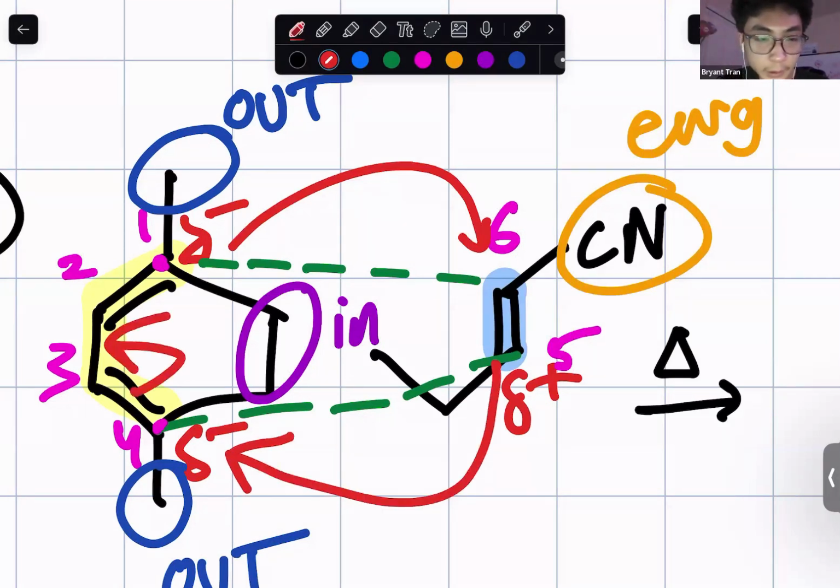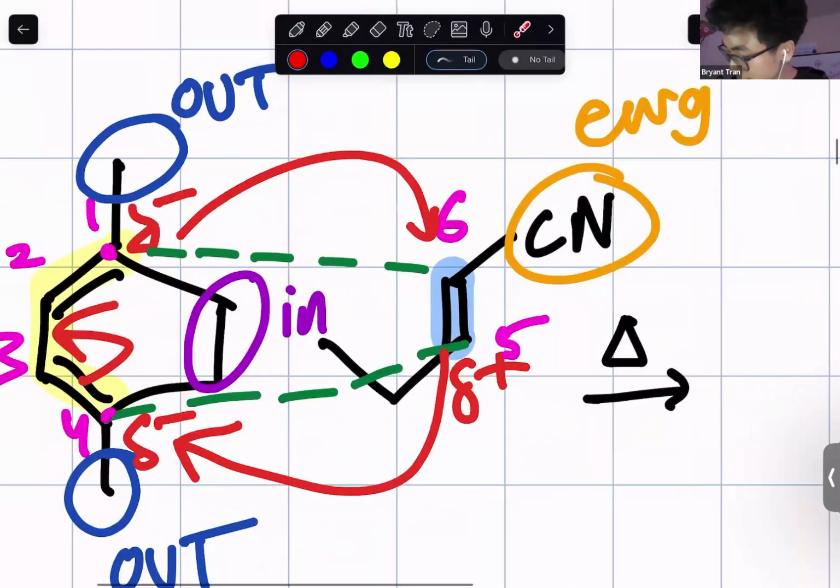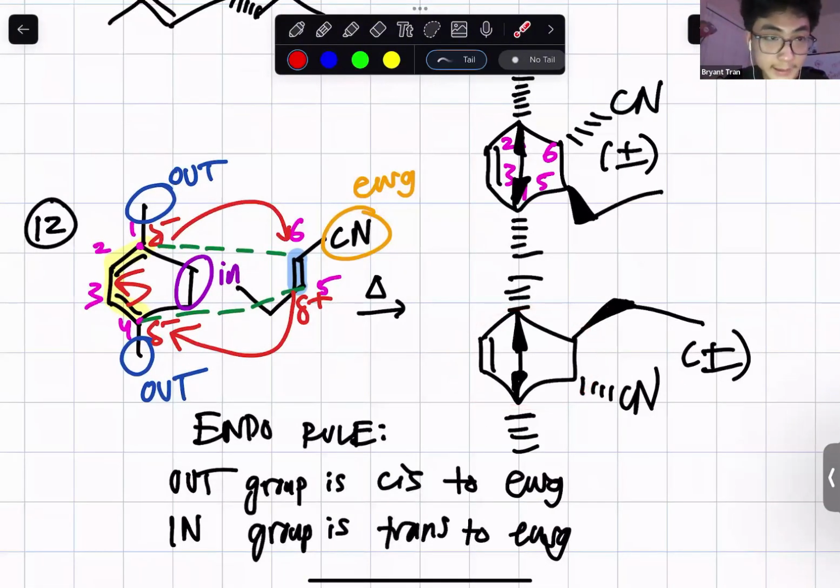So the mechanism for Diels-Alder is 1 concerted step like that, creating this cyclohexene product. And all Diels-Alder reactions will always create a cyclohexene product. But the trickiest part for Diels-Alder is the endo rule and where the groups are supposed to be aligned. The regiochemistry of it, which is the charge alignment, and the stereochemistry part of it, which is the endo rule.